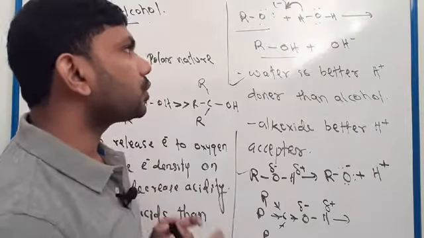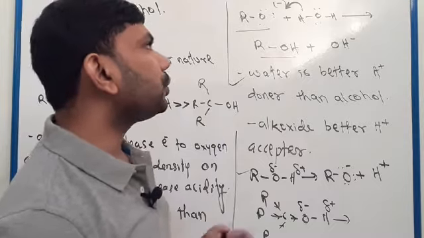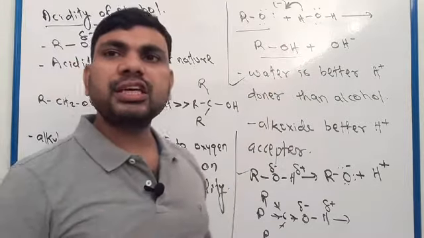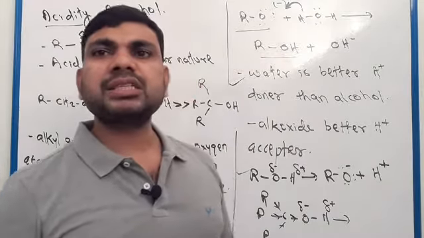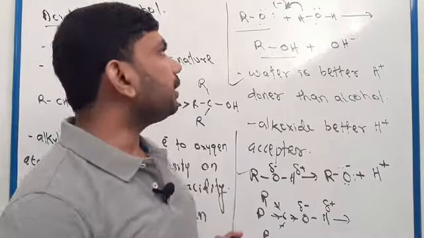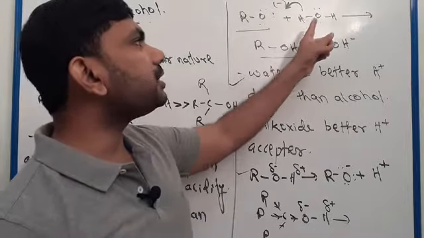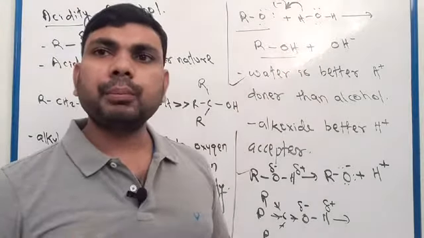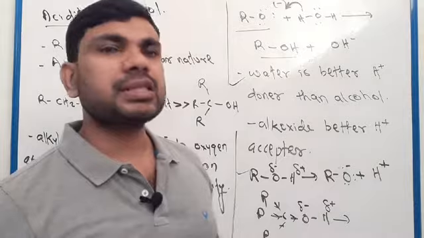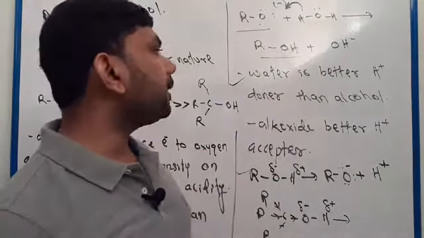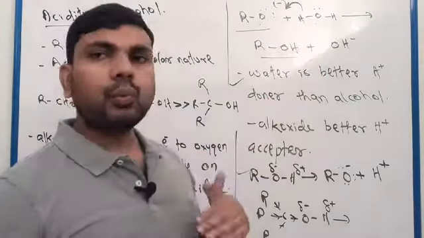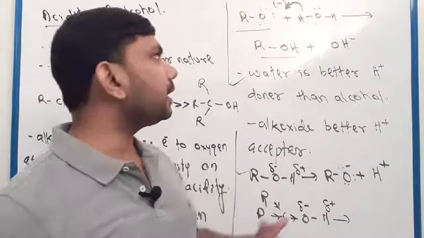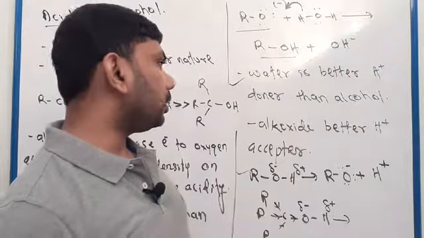Why is water more acidic? Because water shows more tendency to lose H+ ion. We know acids are substances that lose H+ ion. So when we compare alcohol and water, water shows more tendency to lose H+ ion, and water behaves as a strong acid compared to alcohol, or water is more acidic than alcohol.